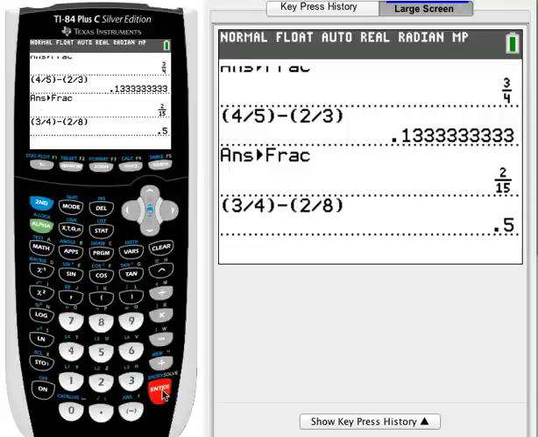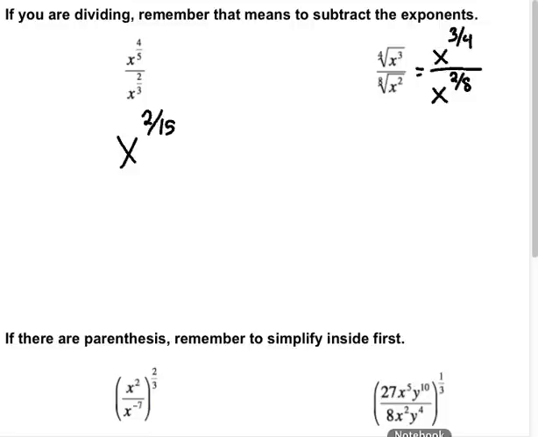That gives 0.5. I don't think you need the fraction key for that one, because you know that is 1/2. So this ultimately gives you x to the 1/2. All right, so first two skills done. I don't think many of you will have issues with these, because the calculator will do the majority of the work for you. You just have to know whether to be adding or subtracting exponents.